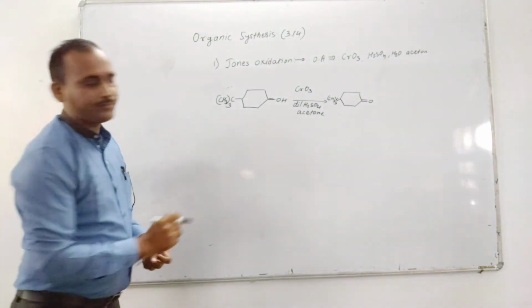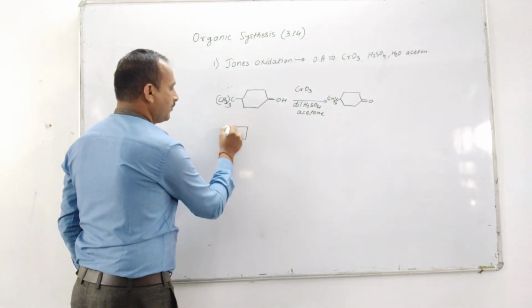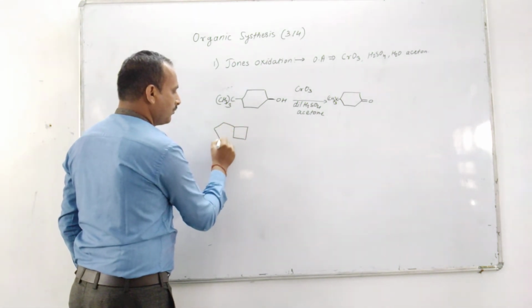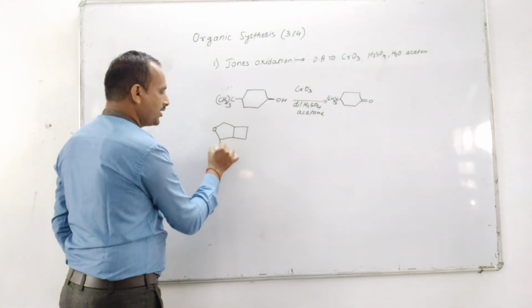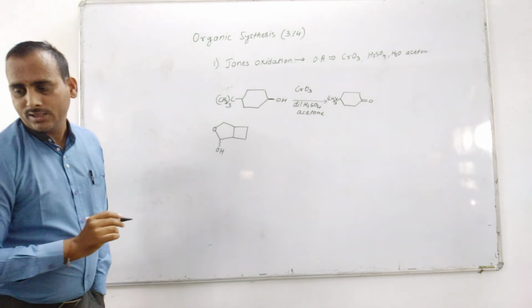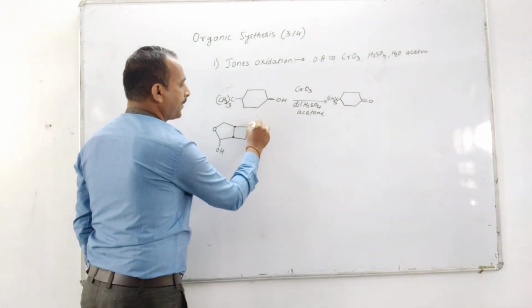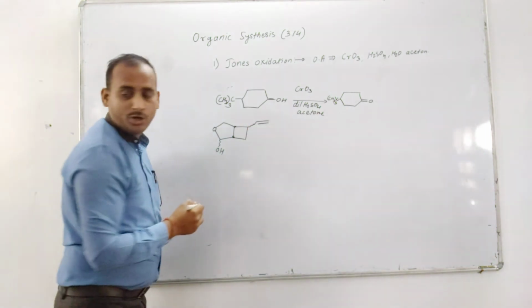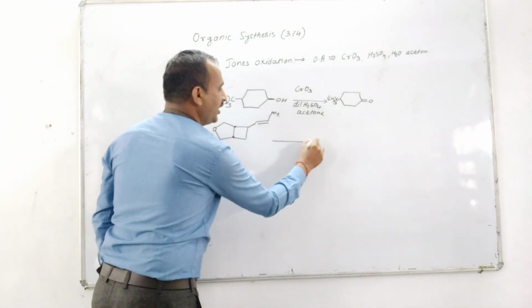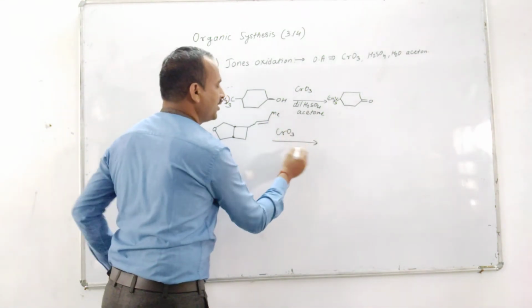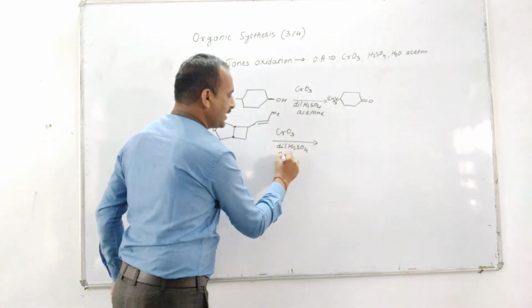Another example. Here is the oxygen, chiral center, there is a double bond, Me. Now again chromium trioxide, dilute H2SO4 and acetone.